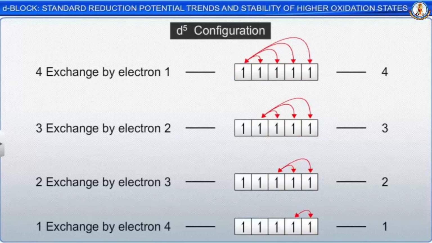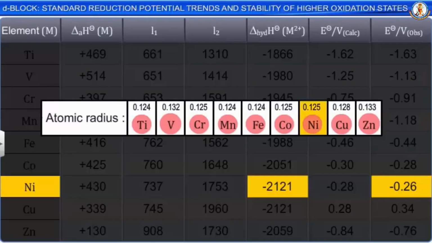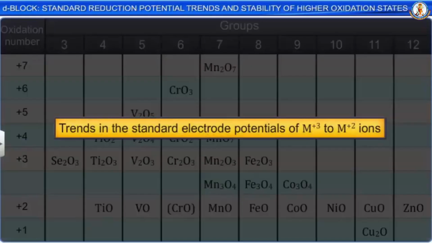The electrode potential for nickel is related to the highest negative hydration enthalpy corresponding to its smaller radius. Now let us look at the trends in the standard electrode potentials of M3+ ions to M2+ ions.